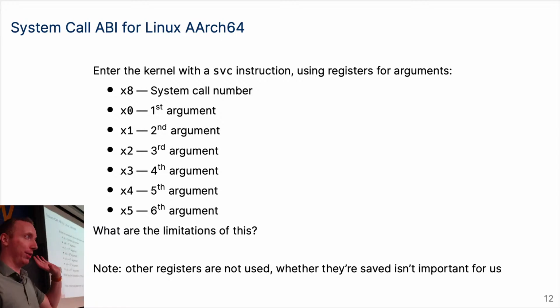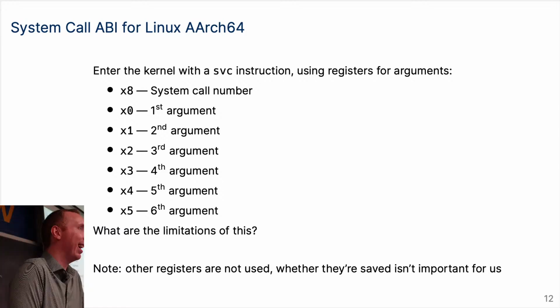If you execute an SVC instruction, the interrupt gets raised to the kernel, which gets to handle the interrupt, and then it can actually perform the system call. Before you call this SVC instruction, the calling convention passes arguments through registers. The X8 register is how you specify what system call you want. Each system call just has a number associated with it. And then registers X0 through X5 are just arguments 1 to 6.